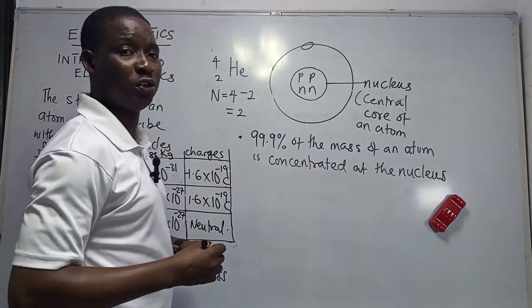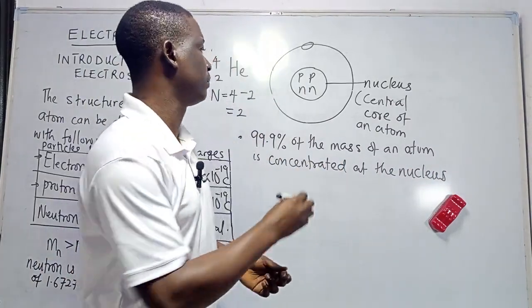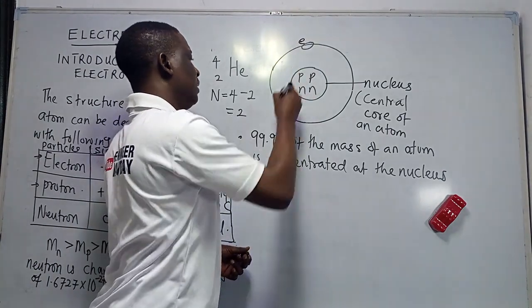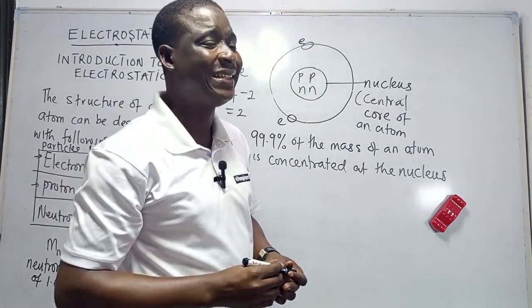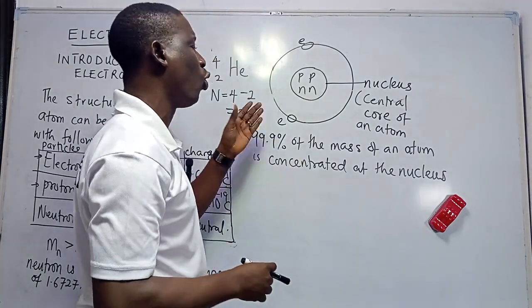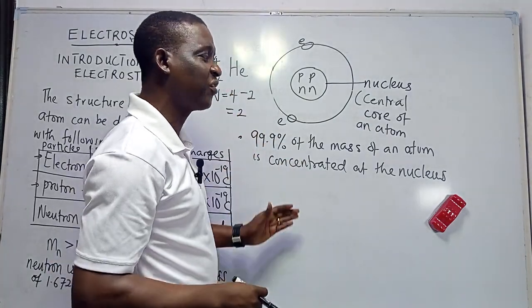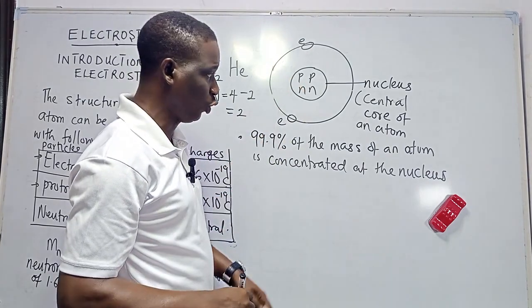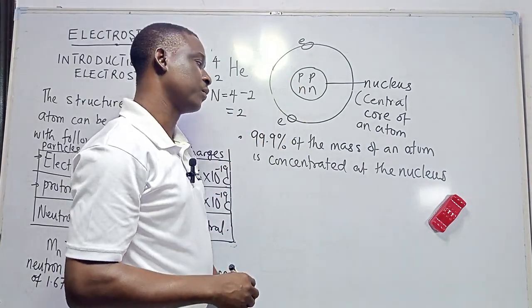That is point number 1 we need to know. Why did I say so? 99.9% of the mass of an atom is concentrated at the nucleus of an atom.